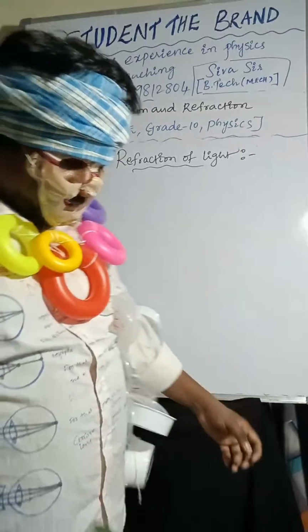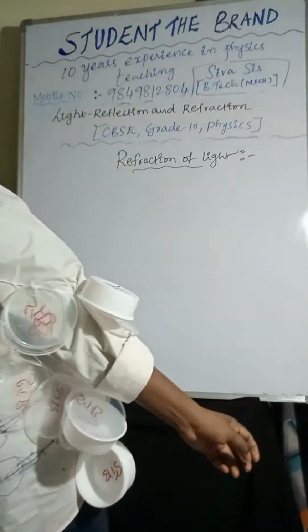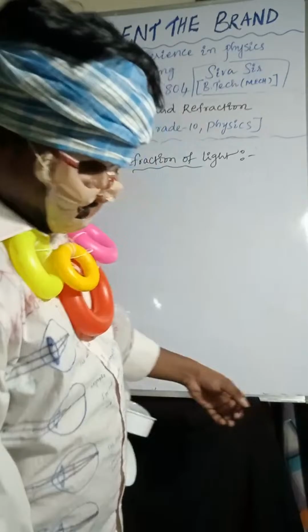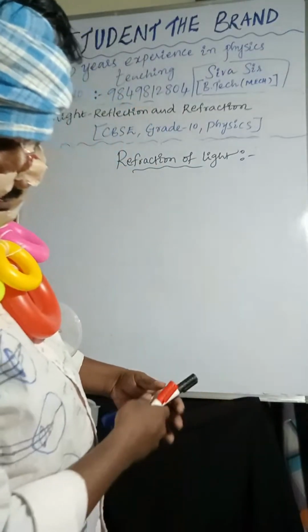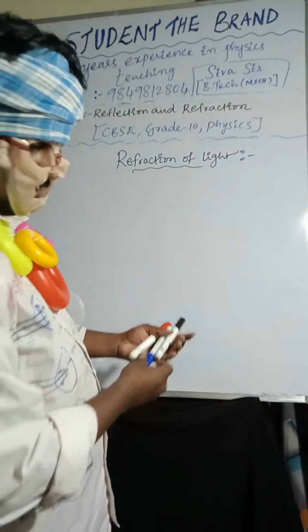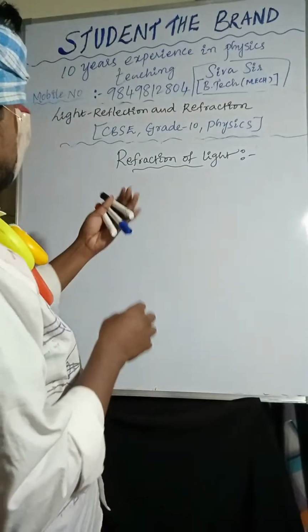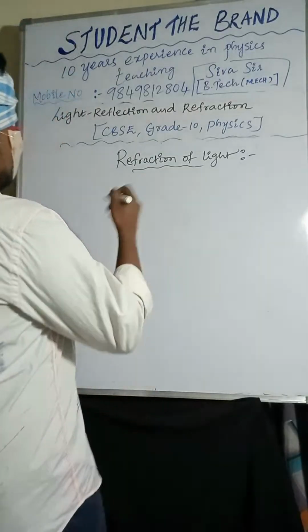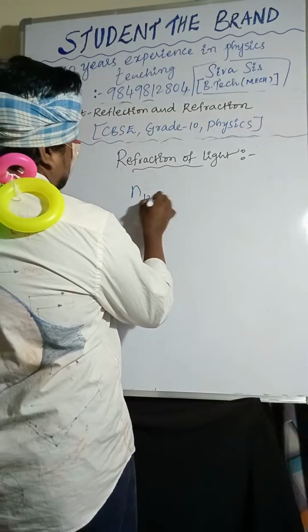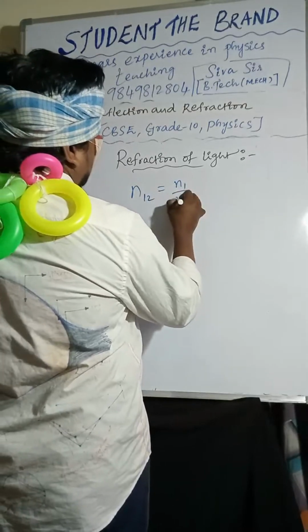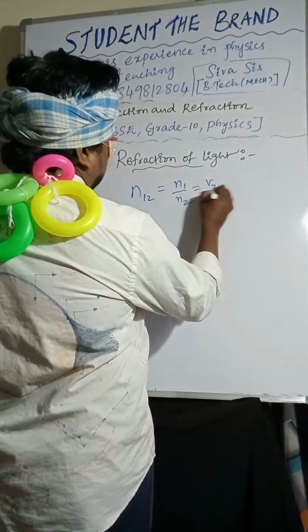So here I am considering refraction of light. The relative refractive index n12 equals n1 by n2, which is nothing but v2 by v1.